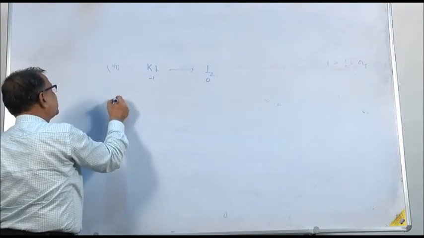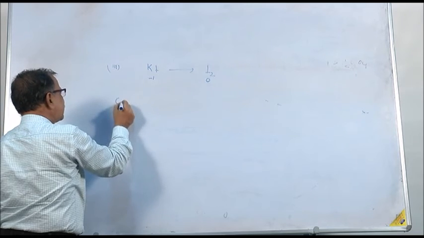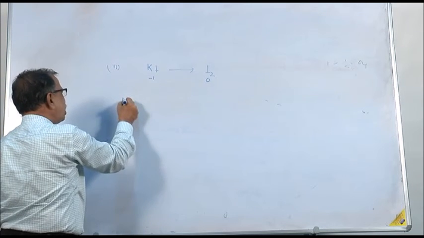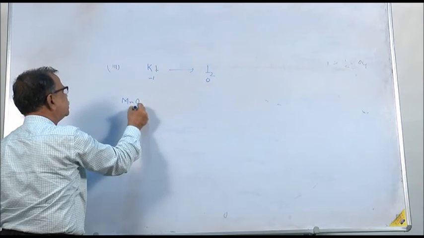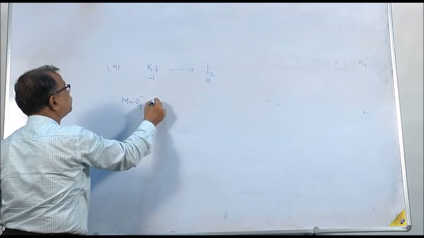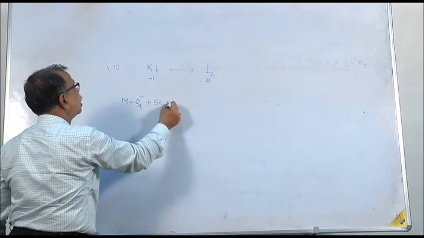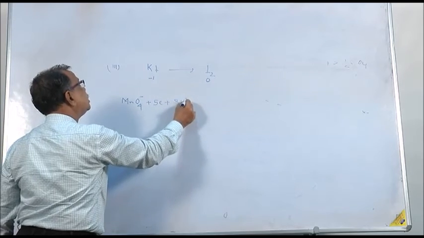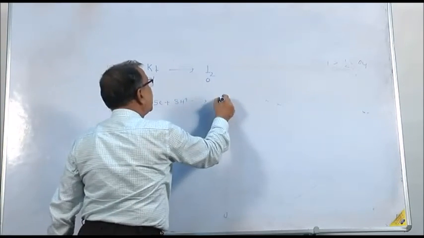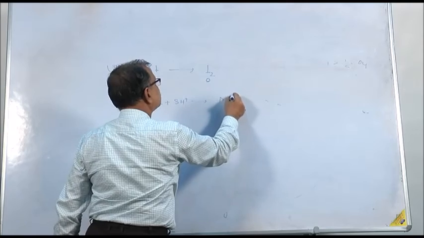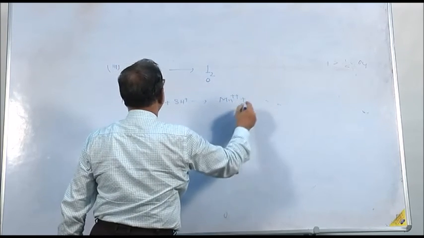Now we may write this equation in a similar manner. MnO4 minus plus 5e plus 8H plus forms Mn plus plus, plus 4 H2O.